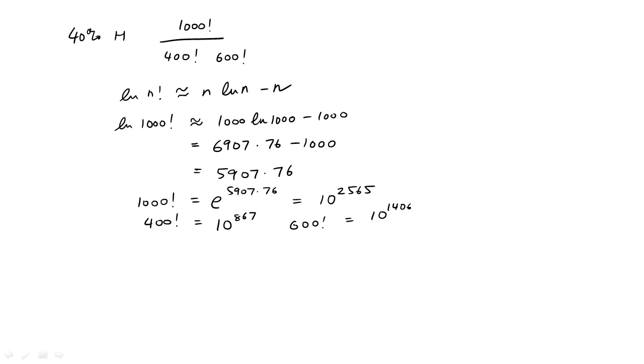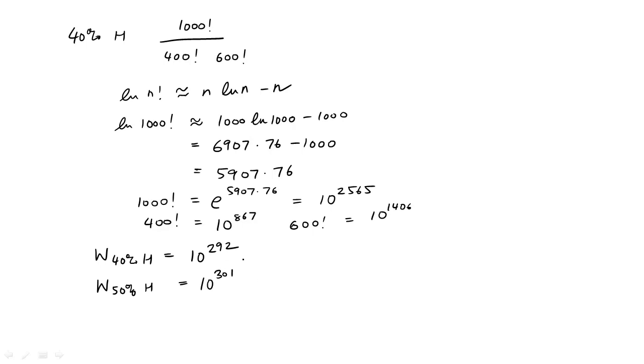And so the total number of ways of getting 40% heads, which is this expression 1000 factorial divided by 400 factorial 600 factorial, comes out to be approximately 10 to the power of 292. The number of ways in the most probable distribution, that is of getting 50% heads, comes out to be 10 to the power of 301.